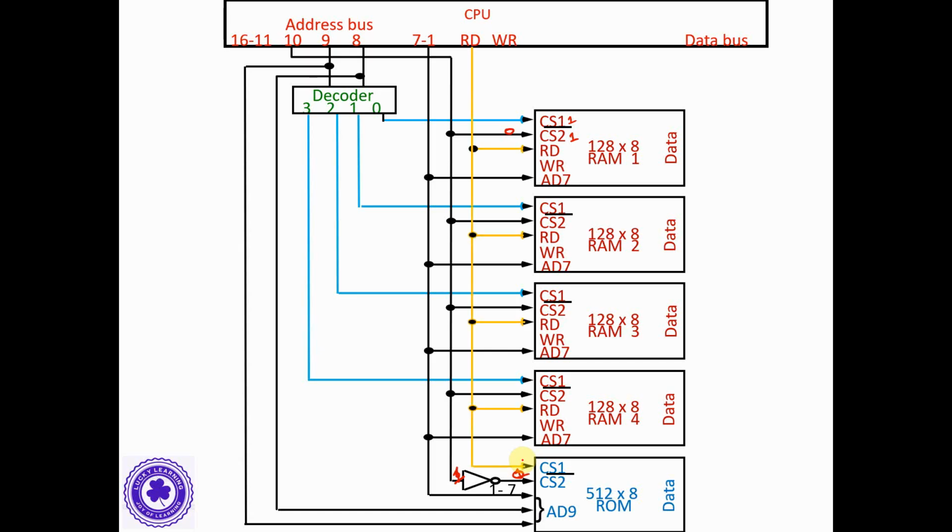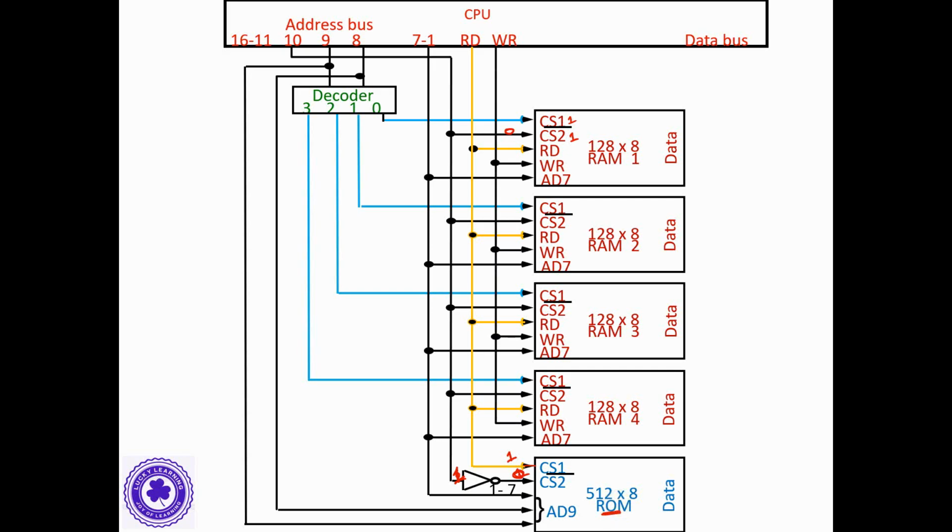To make CS1 input 1, it requires connecting the read control input. Look, the read control input is connected to CS1. Read is 1 and the 10th bit is 1, so its complement is 0. 1 0 makes this ROM chip selected.